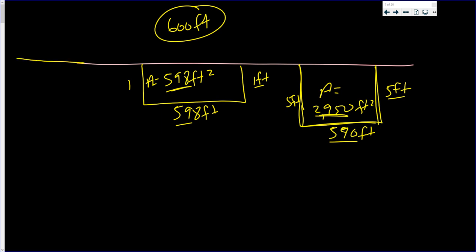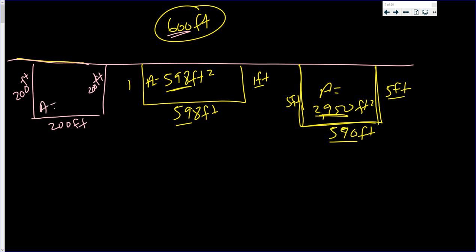What if you put 200 feet here and 200 feet there? That's 400 feet. So obviously, from 600, you have 200 feet remaining.